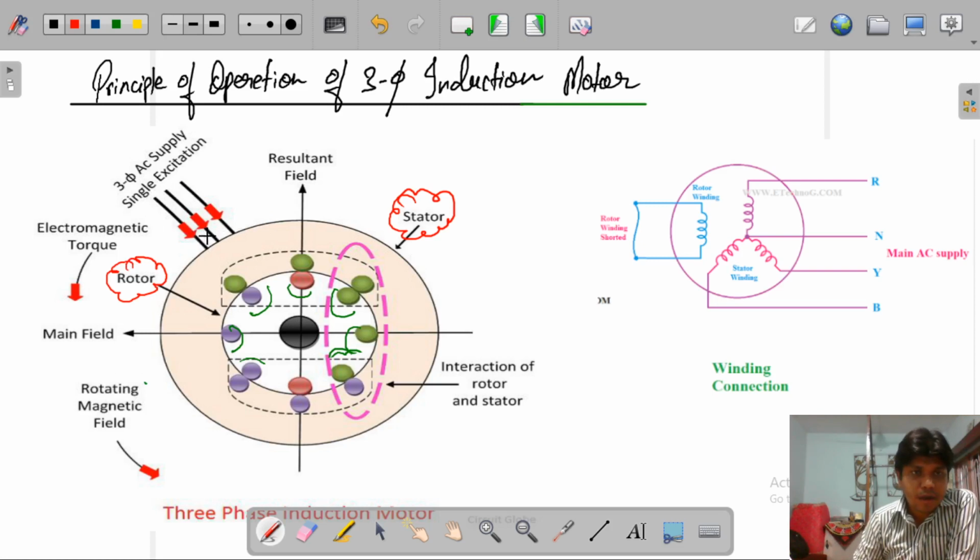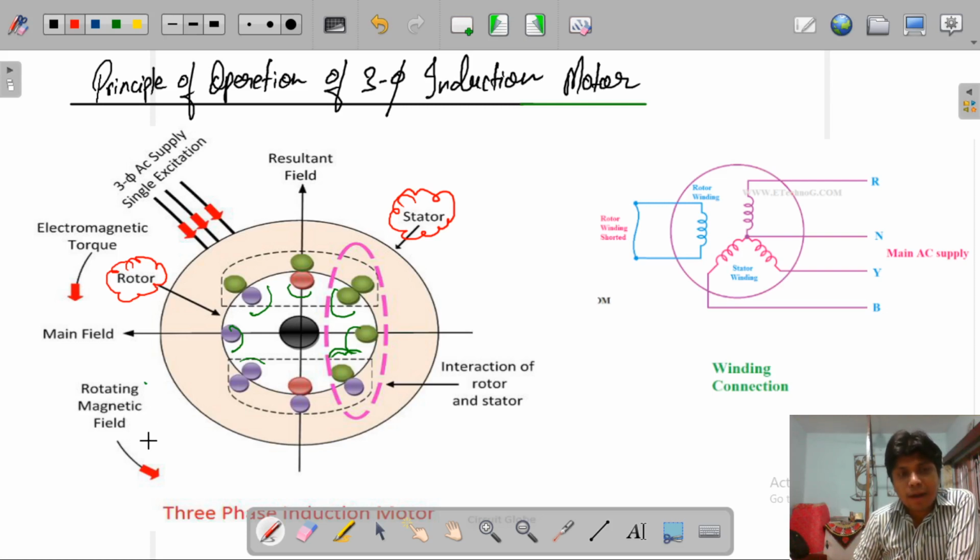When a three-phase AC supply is connected to the stator, which contains the three-phase stator winding at 120 degrees with respect to each other, it produces a rotating magnetic field whose speed is Ns, also known as the synchronous speed. It means that the speed of the magnetic field is called the synchronous speed.